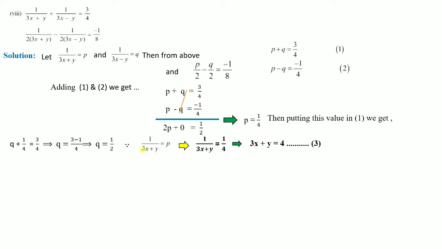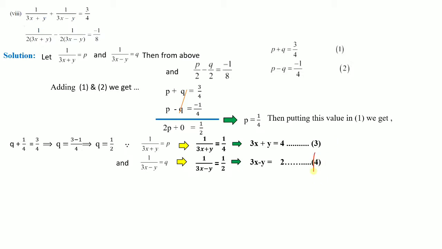Now the next is q. 1 upon 3x minus y is equal to q, and the value of q is 1 by 2, so 1 upon 3x minus y is equal to 1 by 2. Again taking reciprocal, we have 3x minus y is equal to 2, equation number 4.